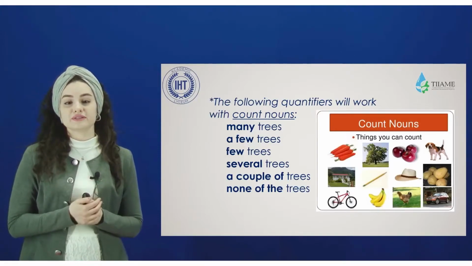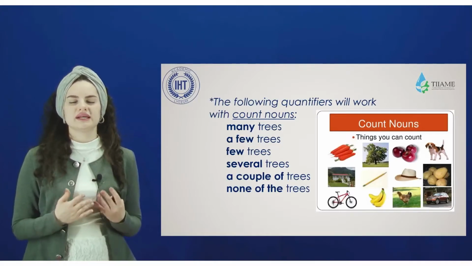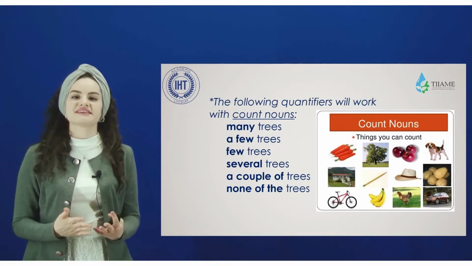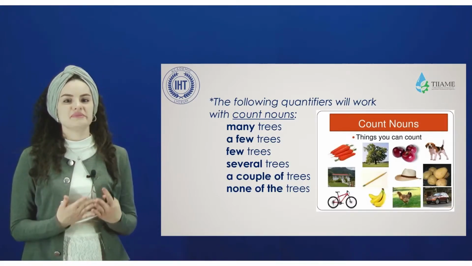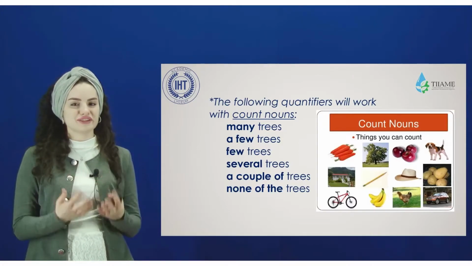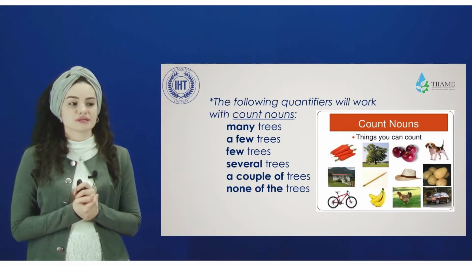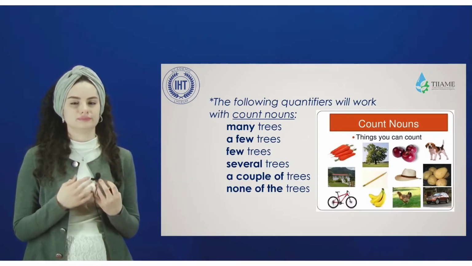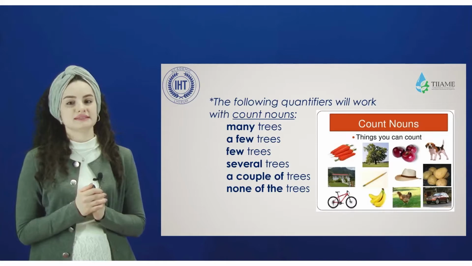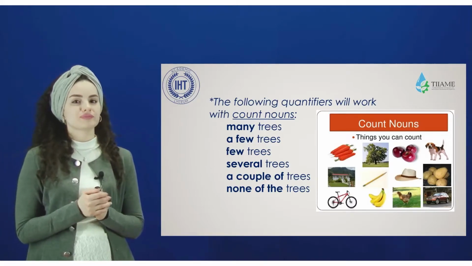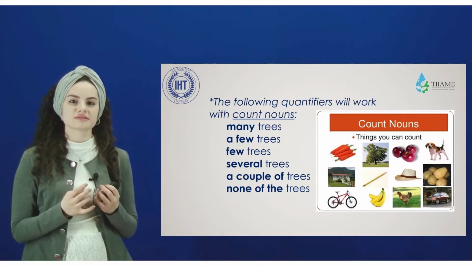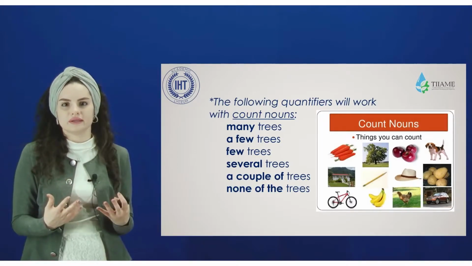Another group is quantifiers, which may be really important and effective when you would like to emphasize or express some necessary, significant information. Look please, many trees. We emphasize a big amount of trees. And at the same time, you may say that trees are countable. Of course, you can count trees.